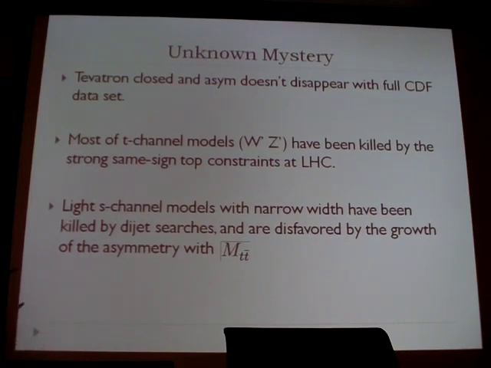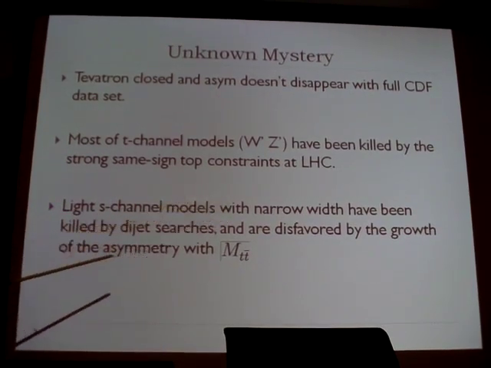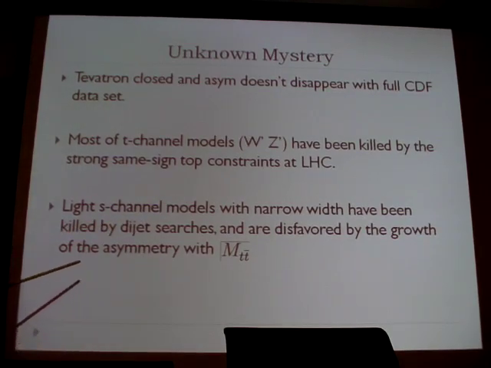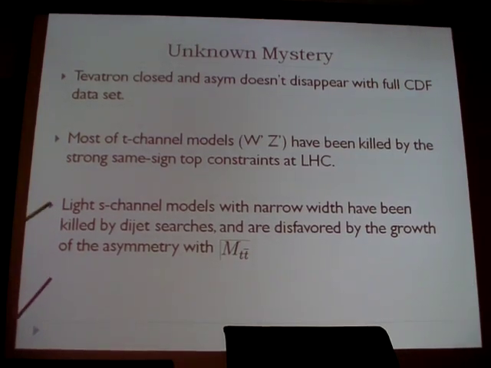And the S-channel models with a light particle with narrow width have also been killed by the dijet search, and are also disfavored by the feature we see in the previous plot, that the size of the asymmetry grows with the invariant mass. Are you going to say anything about D0?